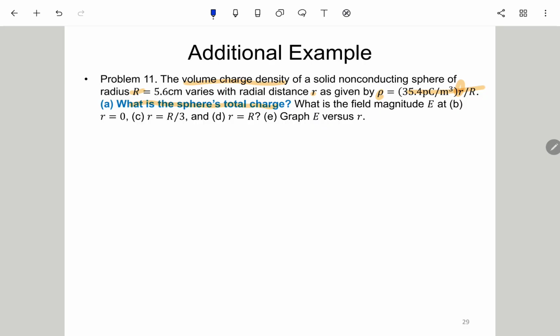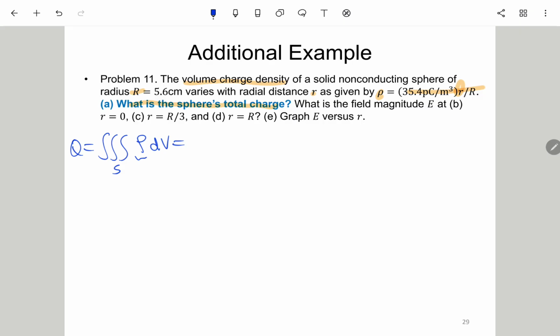For this total charge, we need to do the triple integral of rho dV. V means the volume, and capital A means the area, which is like a double integral. So this integration of dV is a triple integral because we need to integrate rho in three dimensions for the sphere.